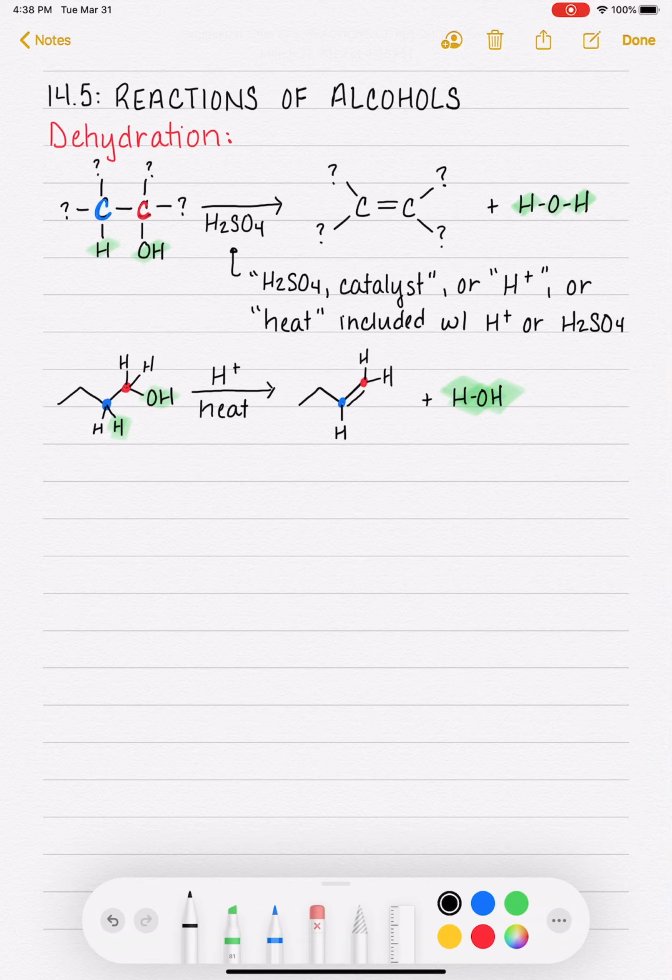Let's try another example. So for this one, let's write H2SO4 catalyst.